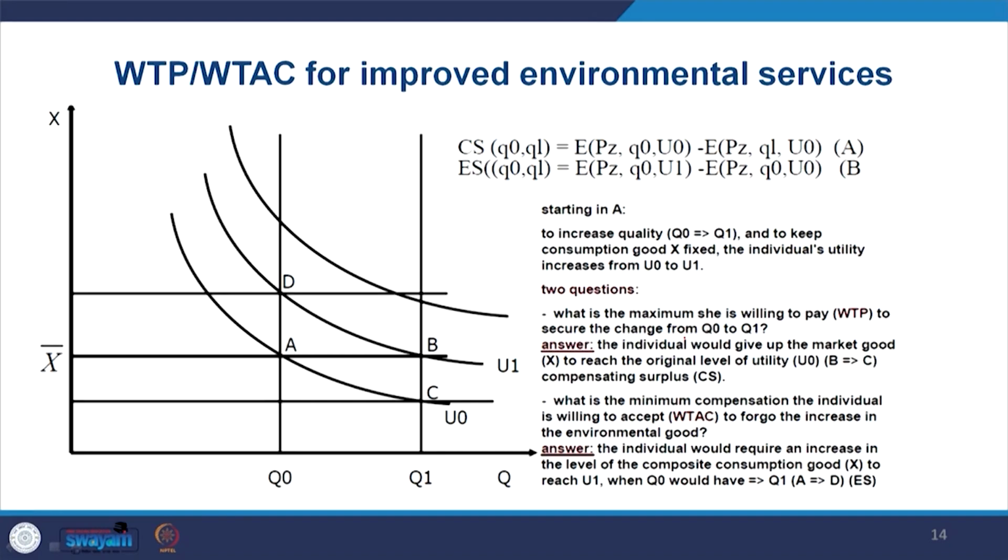Starting point on the utility curve is A, that is actually the equilibrium point where this entire budget is spent by the consumer on X product, and the consumption of X here is fixed.